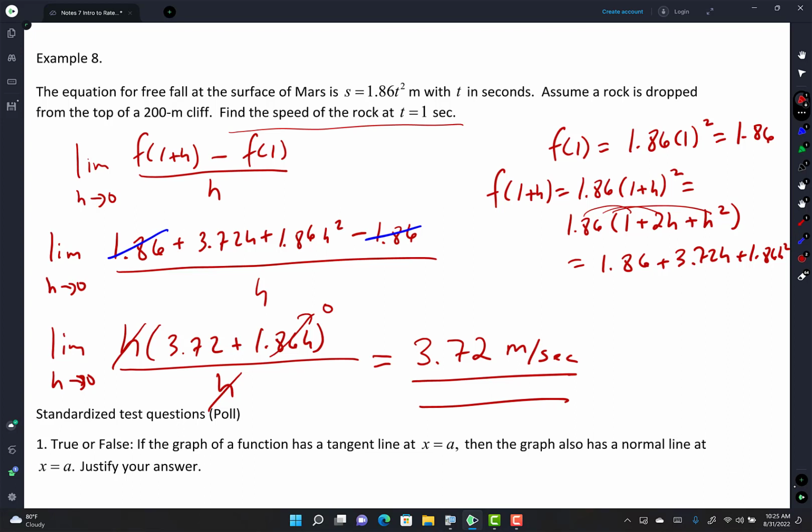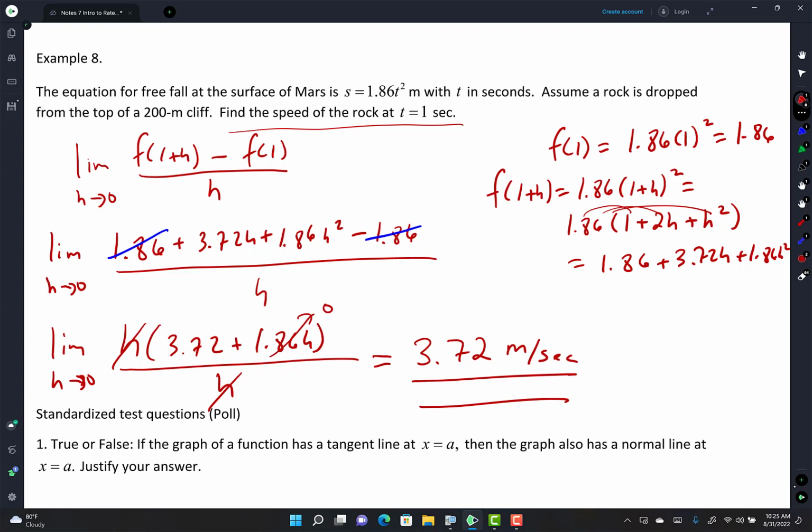So I need to know my position a little bit past 1 minus f of 1, that's displacement, divided by the change in time. You know what I mean? And then I made the change in time approach 0, which gave me my instantaneous velocity. I need my change in time to approach 0 because I want it right at that moment. I get the first part. Okay, so this.